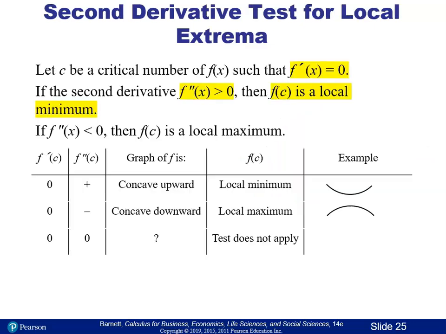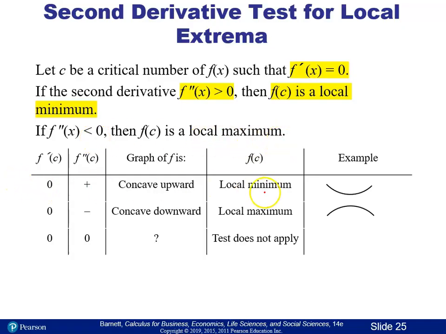Okay, so the second derivative test says if we have some critical number c of the function f of x such that f prime of x is equal to 0, so in other words, it's a critical number of that first derivative, and then the second derivative is greater than 0, we're working with a local minimum. And if the second derivative is less than 0, we're working with a local maximum.